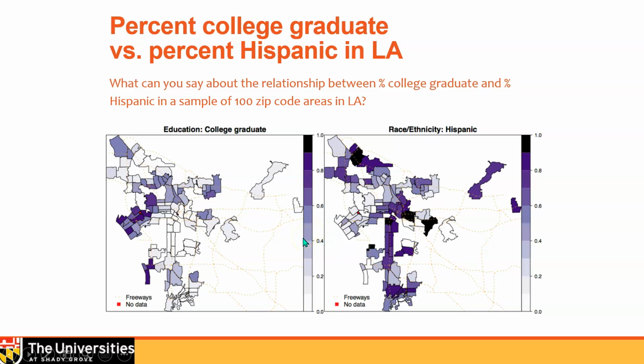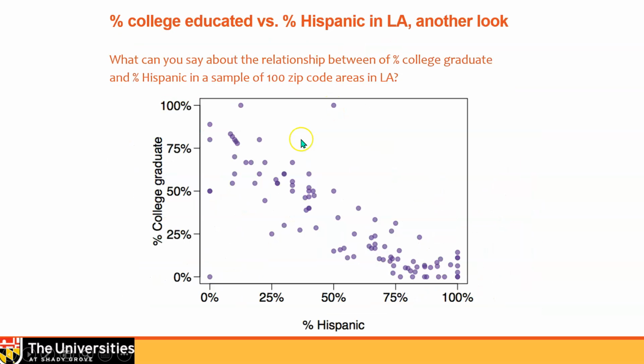Let's look at another example. Can we say there's a relationship between the percent of college graduates and the percent of Hispanics in a sample of 100 zip code areas in LA? If we look at each of the 100 zip code areas, there seems to be a negative linear relationship.